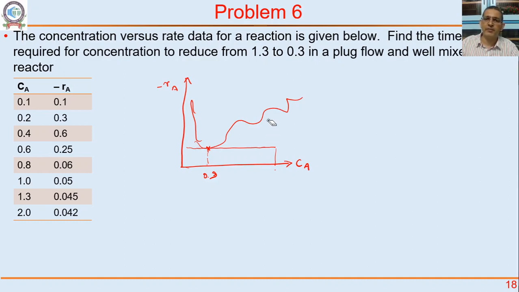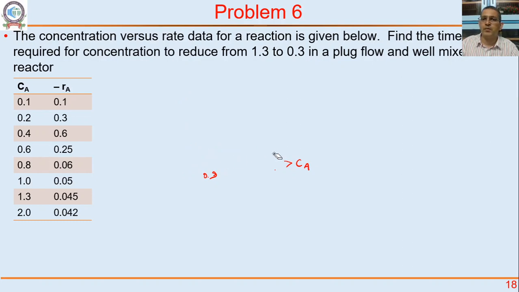Right? So these kinds of things you have already done. Right? Where you have to do integration, area under the curve, or where you have to draw a rectangle and things like that, right? So recall all that.